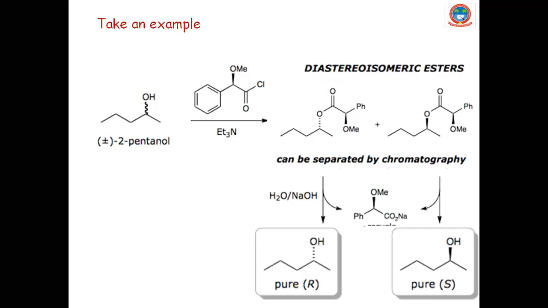So this is the idea of using a chiral derivatizing agent to separate the mixture using this technique. Okay, right. So we will stop here. This is about the enantiomeric excess calculation.